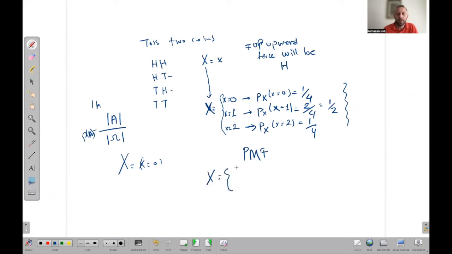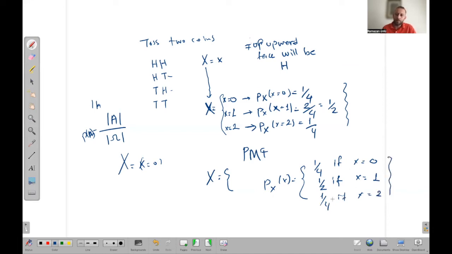We can take the probability of X equal to 1/4 if x is 0, 1/2 if x is 1, and 1/4 if x is equal to 2. I can write it in this way to make things simple.